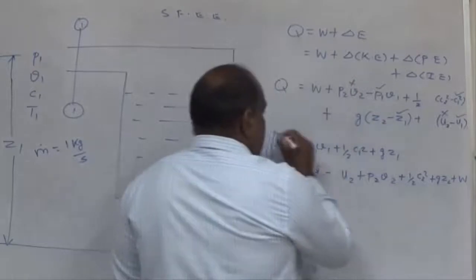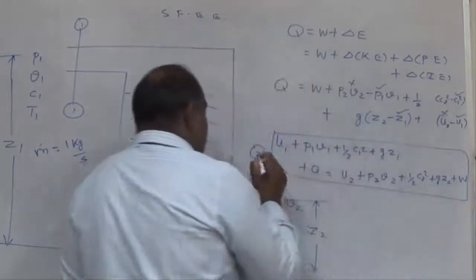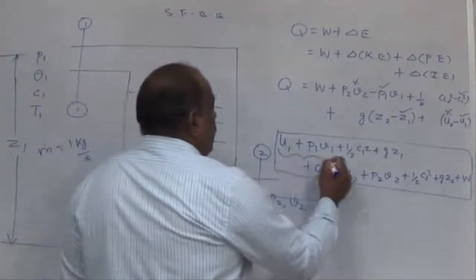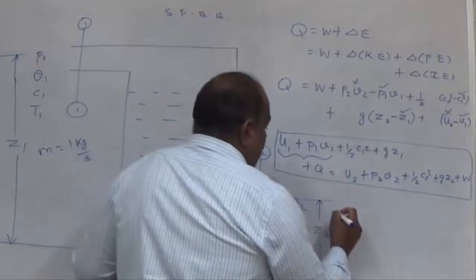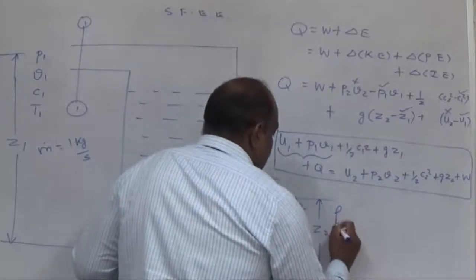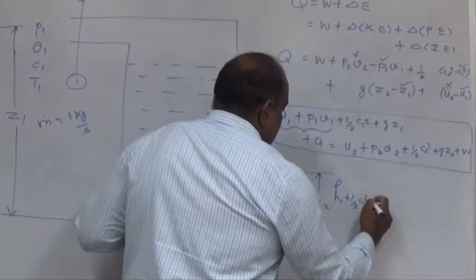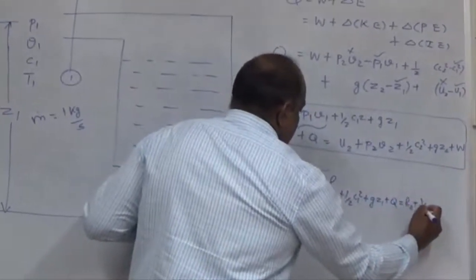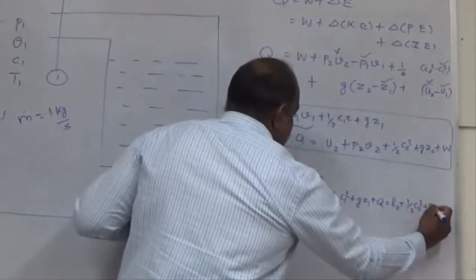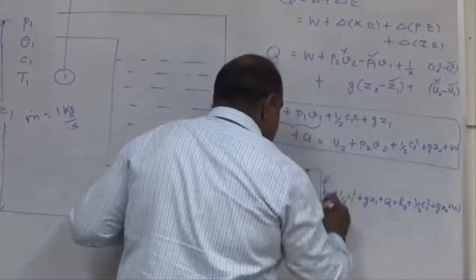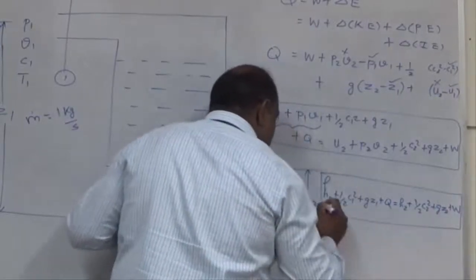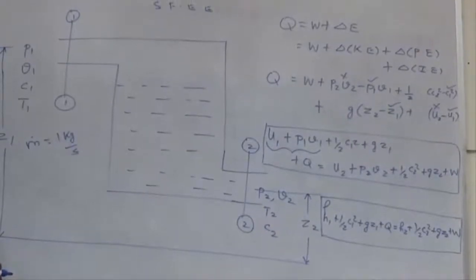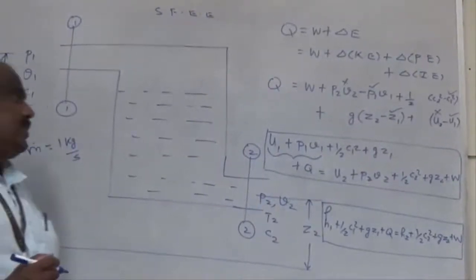This expression is the steady flow energy equation, which I did in the last session also. We know u1 plus p1 v1 is h1. So it is h1 plus half c1 squared plus g z1 plus q equal to h2 plus half c2 squared plus g z2 plus w. This expression is called the steady flow energy equation when the flow of fluid is considered as 1 kilogram per second.